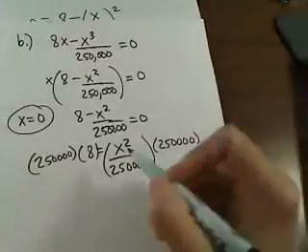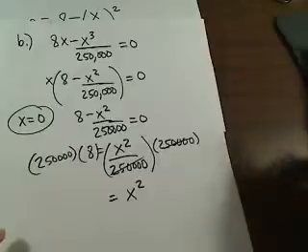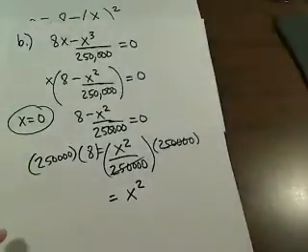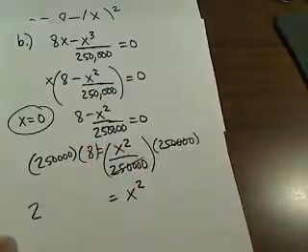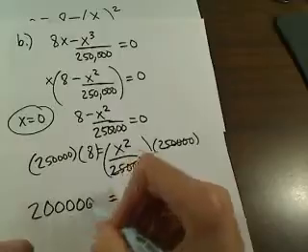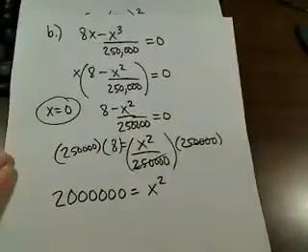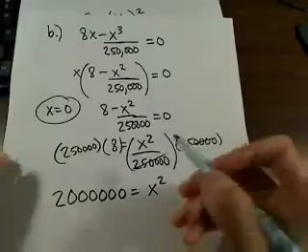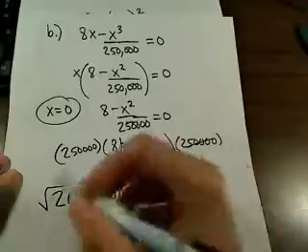And then we end up with x squared equal to 8 times 250,000. It's going to be something really big. So we get 2 with a bunch of zeros: 1, 2, 3, 4, 5, 6. Then we need to take the square root of both sides. They're going to want us to keep this in the exact radical form, so we need to simplify this.